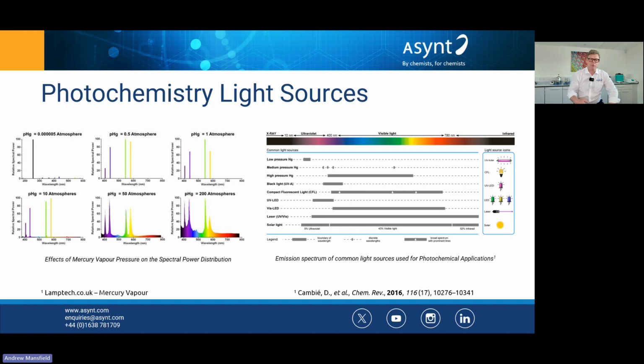If we look at the table on the right, you can see that with modern LEDs, we can cover the scope of those medium pressure mercury lamps. So we're able to access most of the emission spectra and be very selective in the wavelengths that we choose for our chemistry.